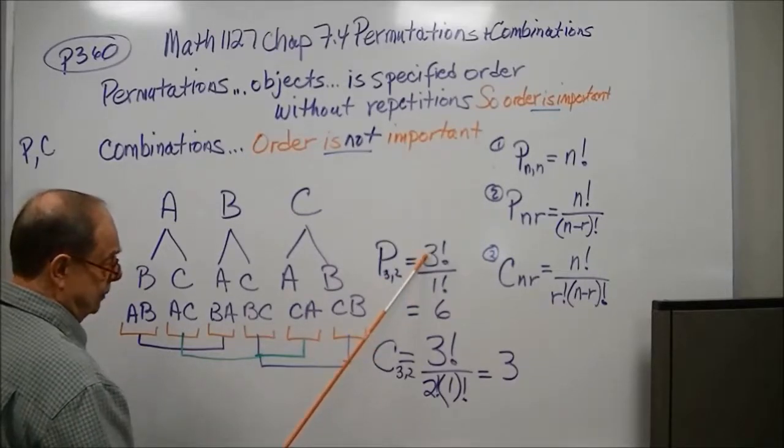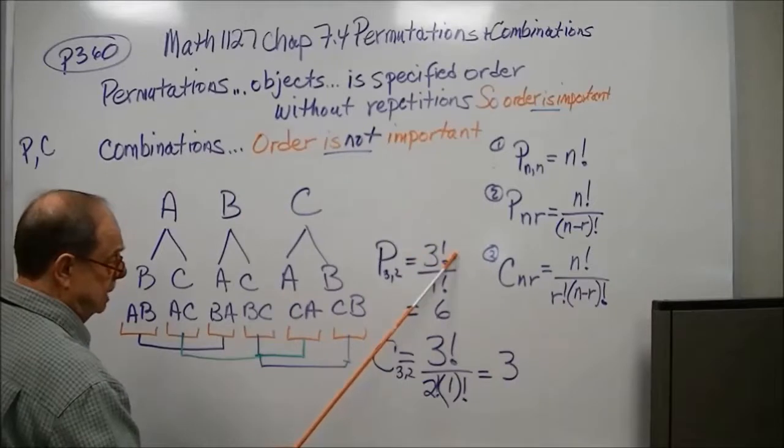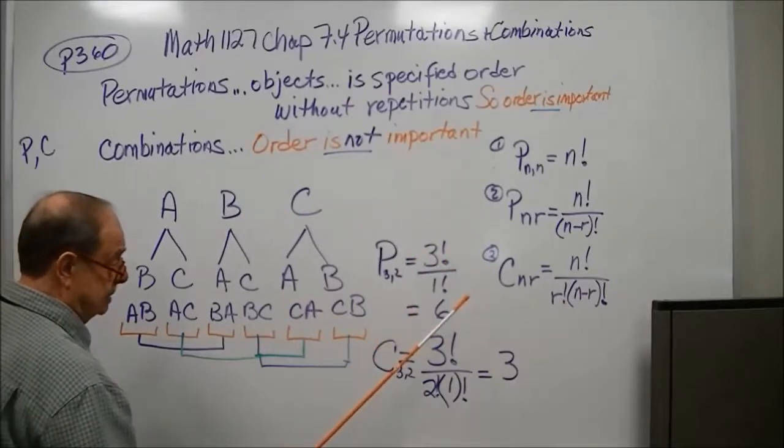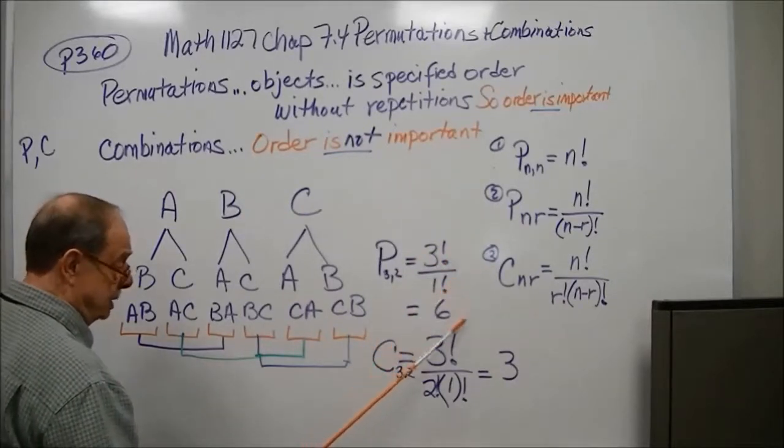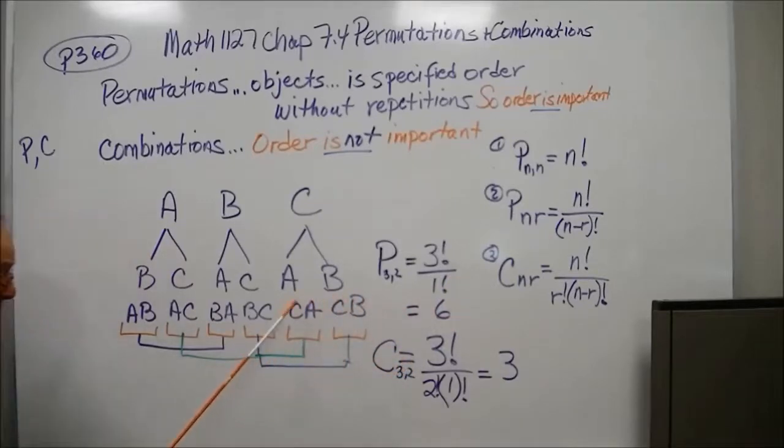So 3 factorial is 6, divided by 1 is 6. So the formula matches up to what we have.